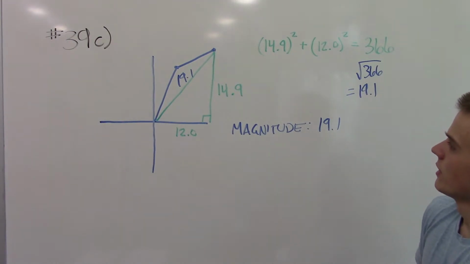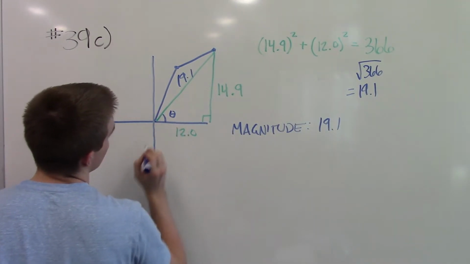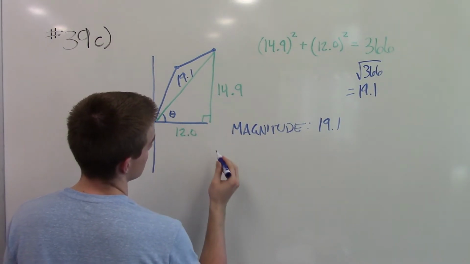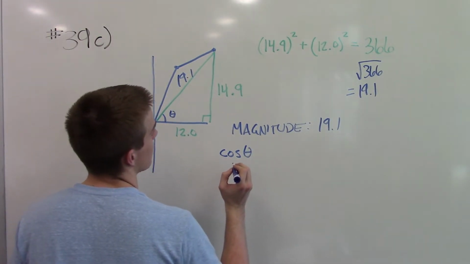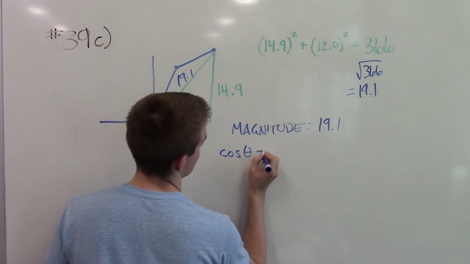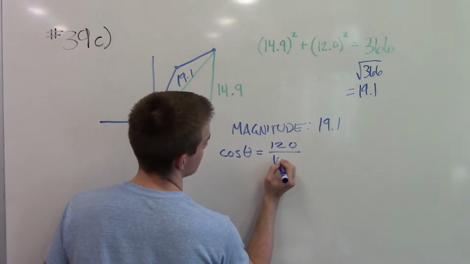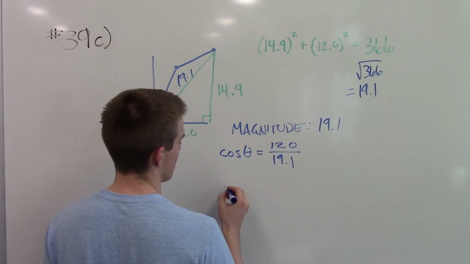And now to find the direction, which is this angle right here, we're going to take the cosine of this, which is the cosine of theta, which is adjacent over hypotenuse. So we're going to take the adjacent and put it over the hypotenuse. Now all we got to do is take the inverse cosine of both sides.